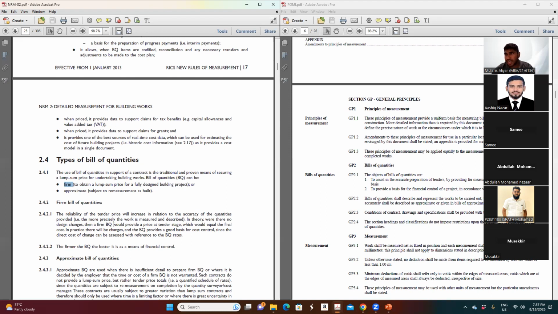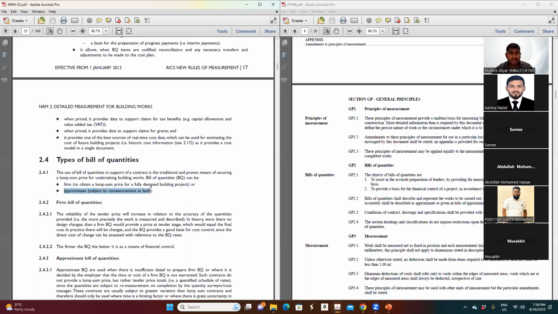For example, when you say concrete 1,250 dirham per cubic meter is firm, no changes on that. And fixed price lump sum contract means the total amount, after you put concrete at this price rate and all, the final amount you will get at the end of the BOQ is a fixed lump sum. You have no changes on that. That is what it means. Fixed firm price BOQ. Okay.